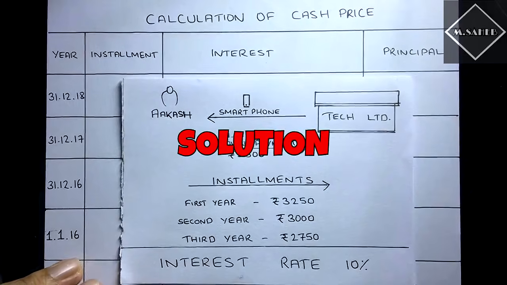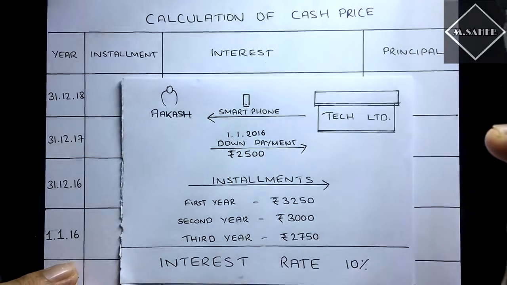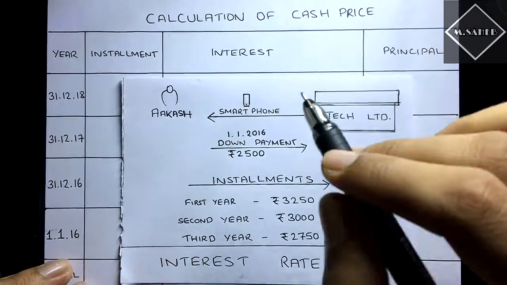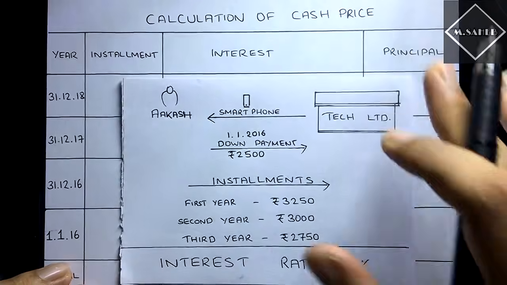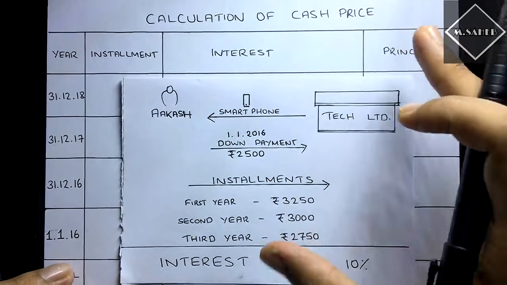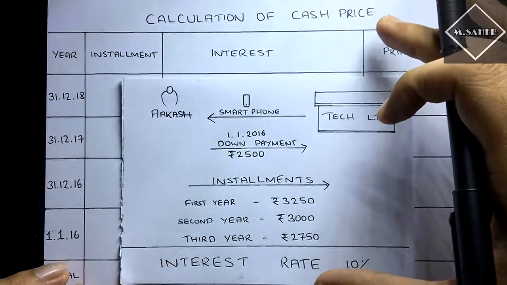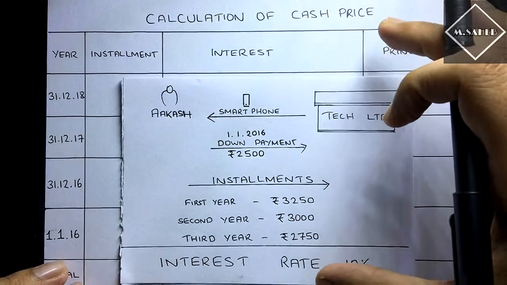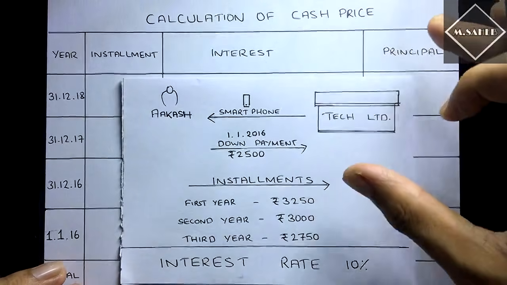First we have to prepare this working note, the table for the calculation of cash price. Since here in the question cash price is not given, we have to calculate the cash price. Now here the format is slightly changed. One column is missing over here, that is outstanding cash price, and that column is not supposed to be taken when cash price is not given, when you have to calculate the cash price.